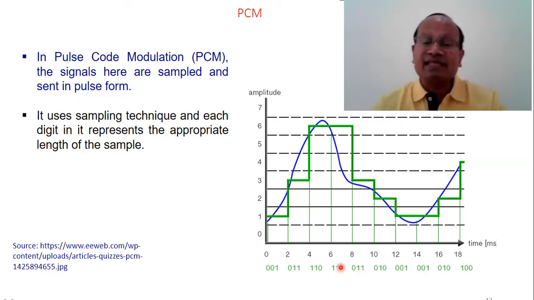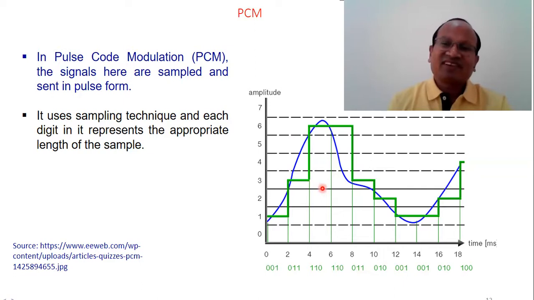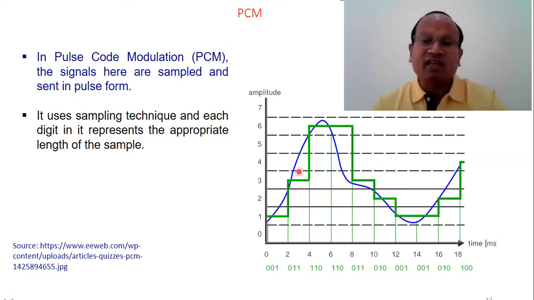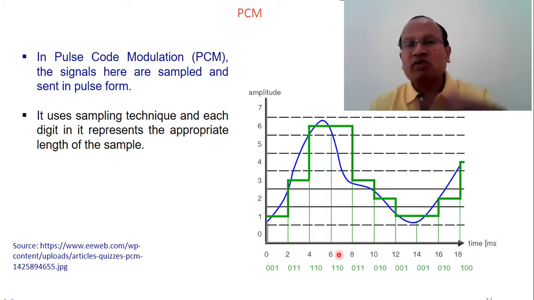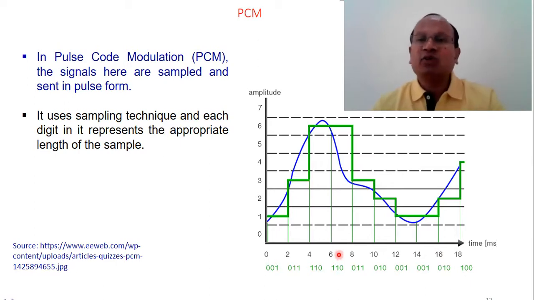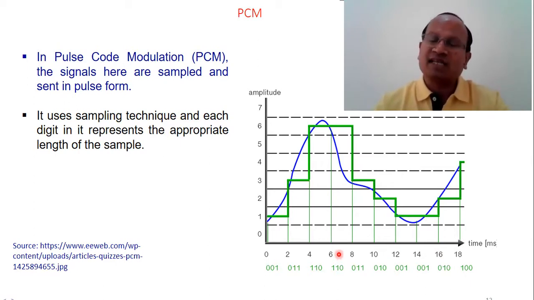So all pulses are coded, according to the magnitude, either in decreasing or increasing level. So you can see 0, 2, 4, 6, 8 as binary numbers, and the coding follows those binary numbers. We will discuss quantization and sampling separately in the next lecture.